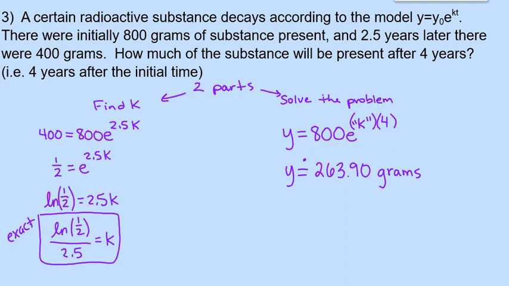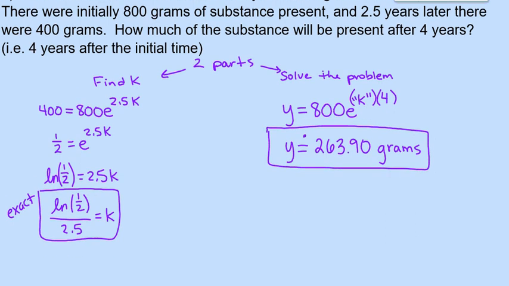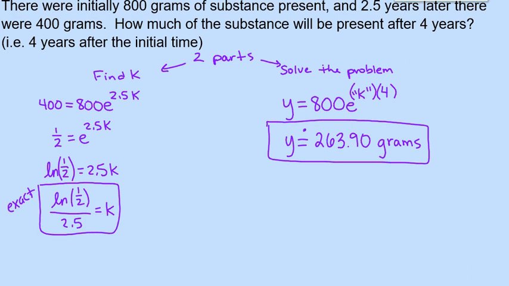Okay. Now, before we leave this problem, we could think about the reasonableness of our answer because of the whole half-life idea. So we know it takes 2.5 years for this substance to decay to half the amount. It went from 800 grams to 400 grams in 2.5 years. So it's going to go from 400 grams to 200 grams in another 2.5 years.